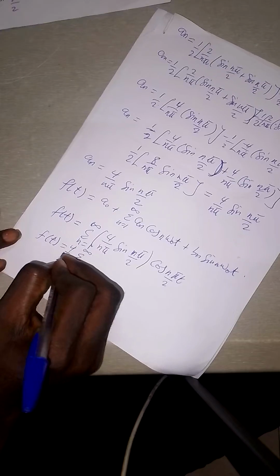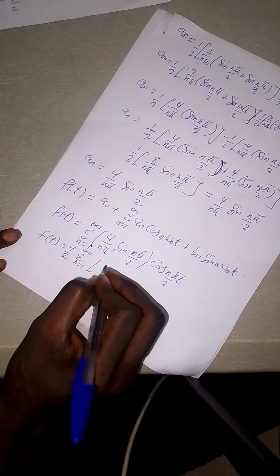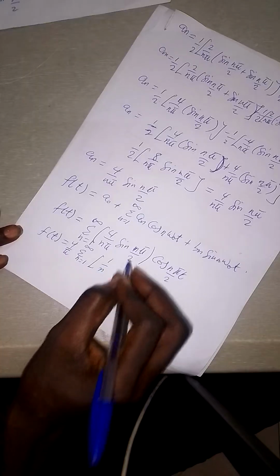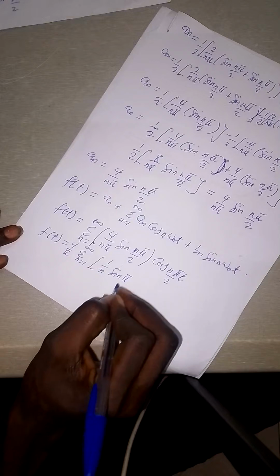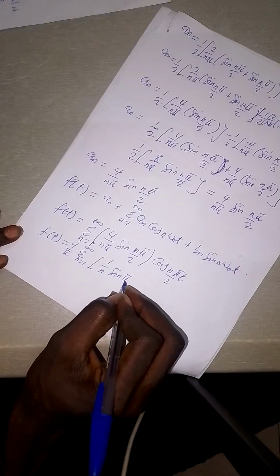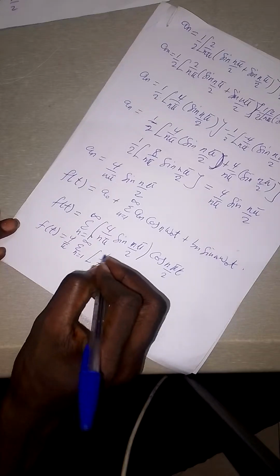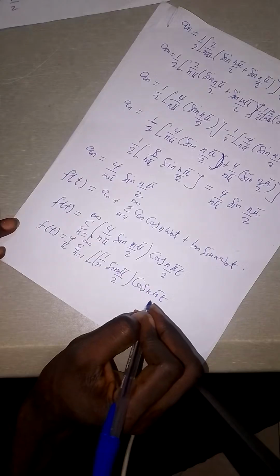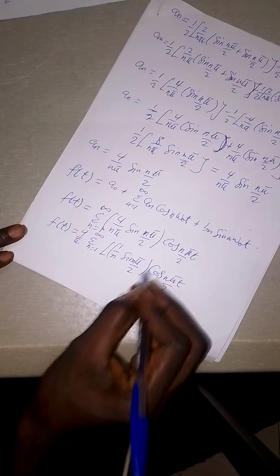Let's bring 4 over pi outside. So if you bring 4 over pi outside, you have 1 over n into sine n pi over 2 into cos n pi t over 2.